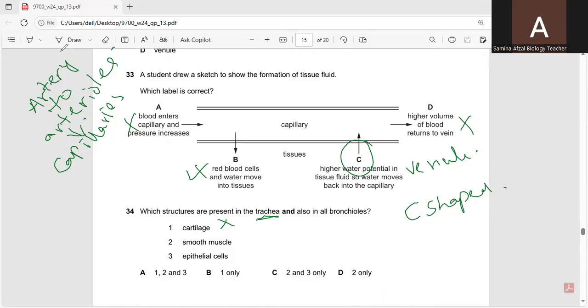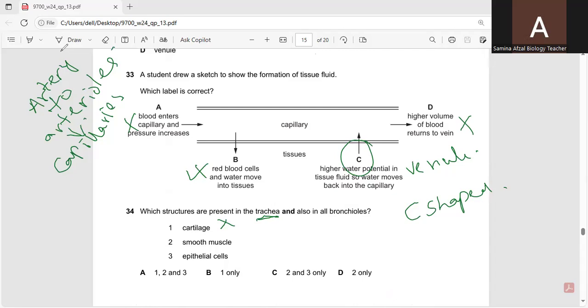Second, smooth muscles. The posterior wall of the trachea has smooth muscles in it. So this allows a little change in the structure.